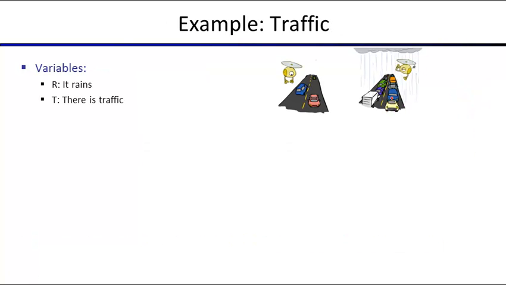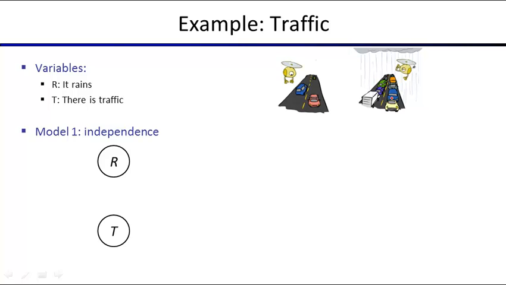How about rain and traffic? Natural thing to think is that rain or not will influence whether there is traffic or not. Okay, so it could look like this. You have rain and traffic. Complete independence has no arrows.